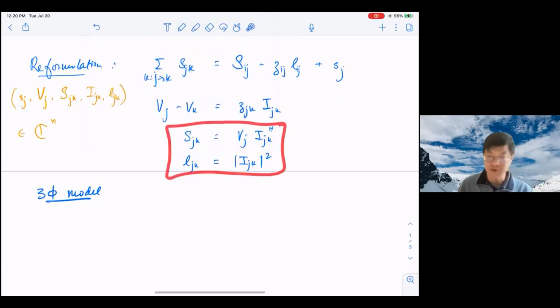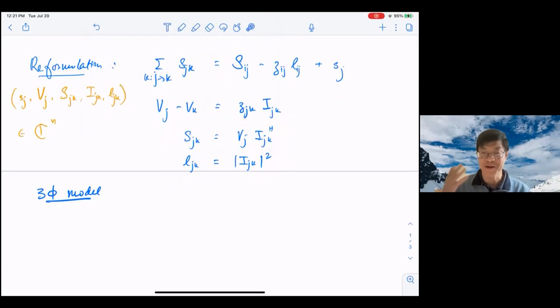The really key issue is what is the right generalization of these two quadratic equations from single phase to three phase? And the key insight really is that the right generalization is to use the outer product.